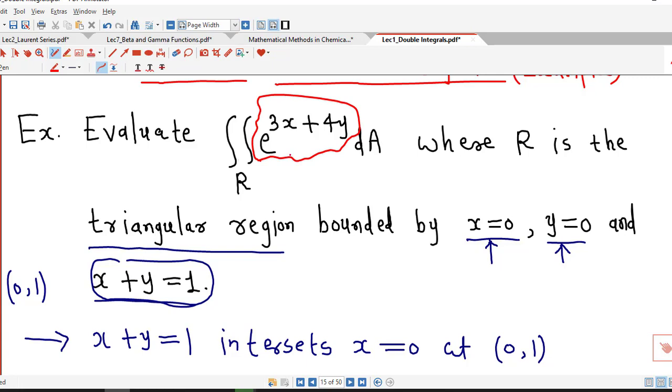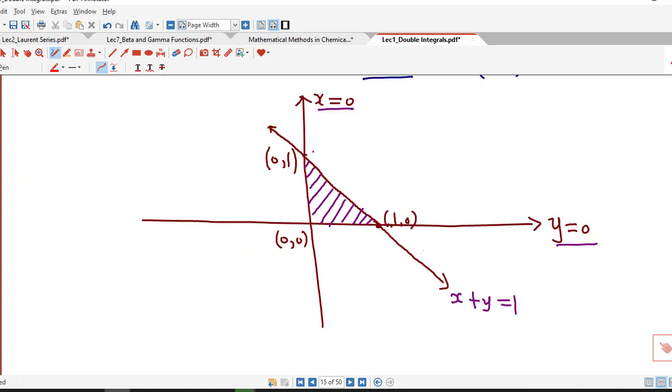So if we think about integral of this function, then this function is easy to integrate either with respect to x first or with respect to y first. So it does not matter, either we consider vertical line or horizontal line. So suppose we consider a vertical line passing through the region of integration.